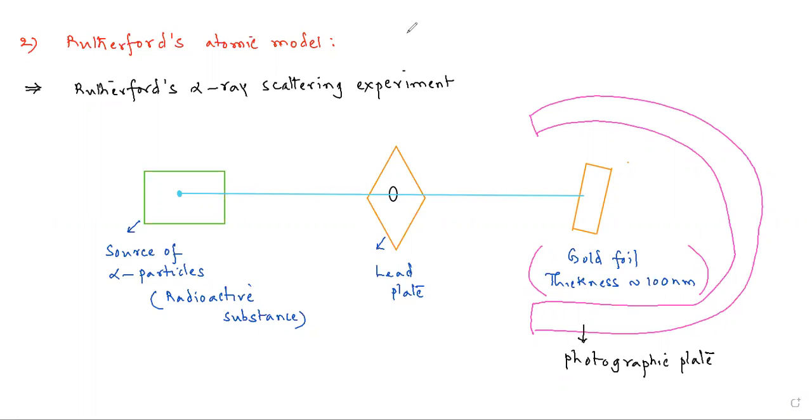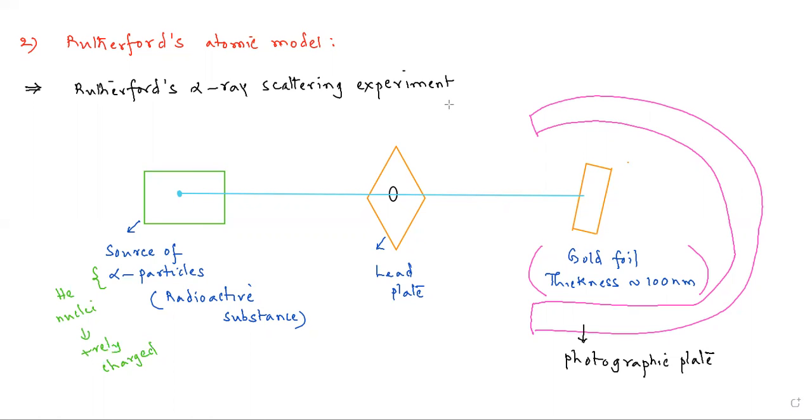You know that the alpha particles are nothing but helium nuclei, positively charged. Now, even in the gold foil also, there is positive charge. Because of the repulsion between these two, the alpha particles were deflected by different angles.